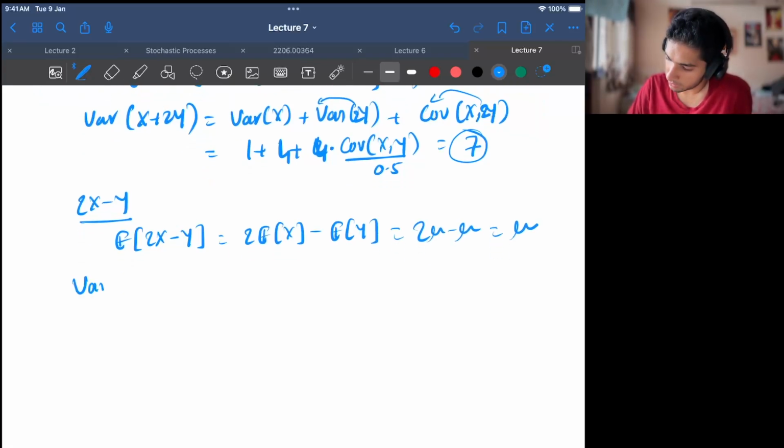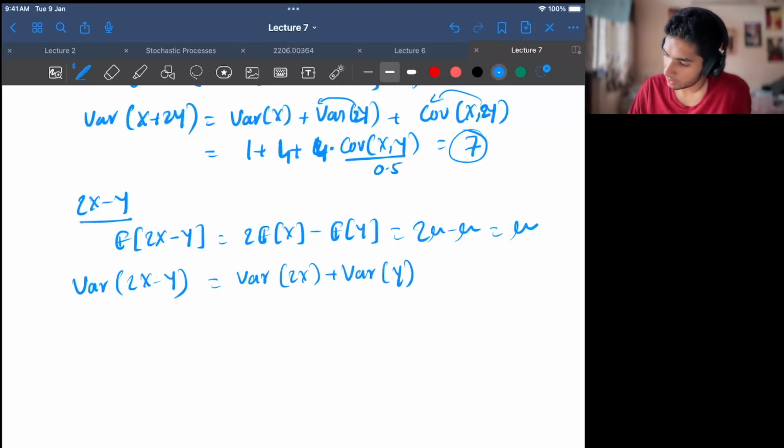What is the variance of 2x minus y? This will be variance of 2x plus variance of y minus, because there's a minus sign here, covariance of 2x comma y, right?